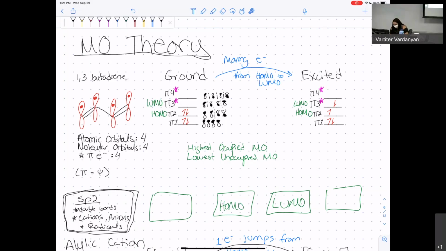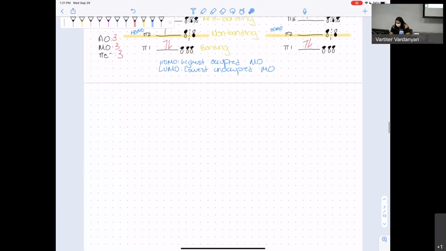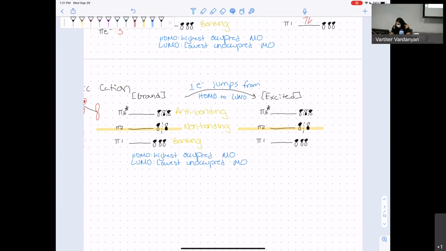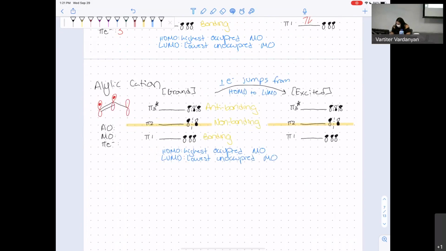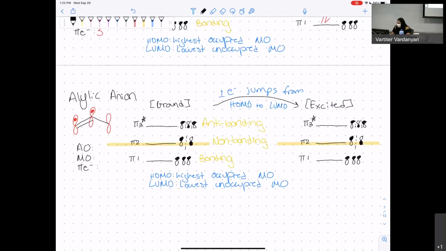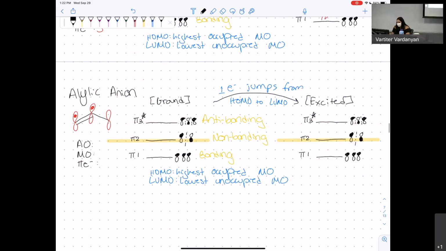You good? Okay, cool. So let's do the last one. Next up is the anion. Very good. Okay, so again, bonding, non-bonding, anti-bonding, all that kind of stuff is staying exactly the same. But now we have an anion. So anion means what charge? Negative. So negative means how many electrons?